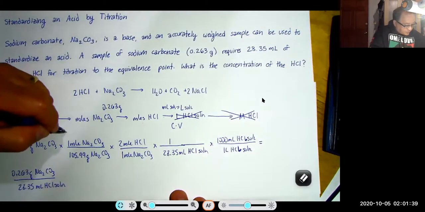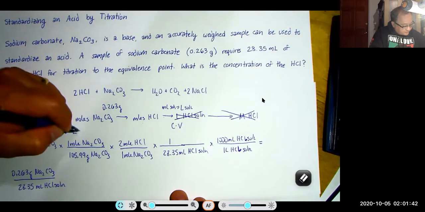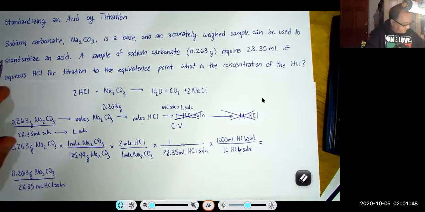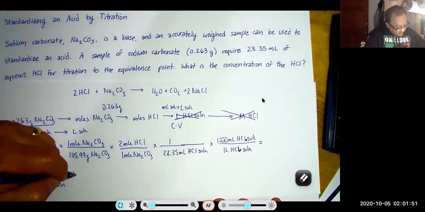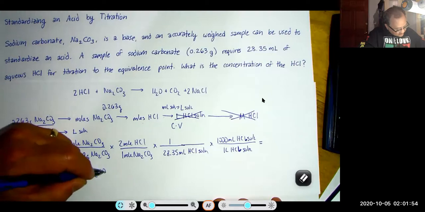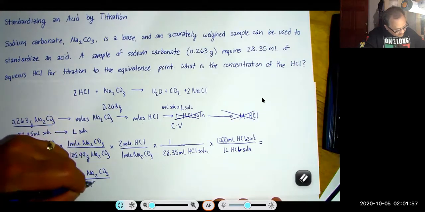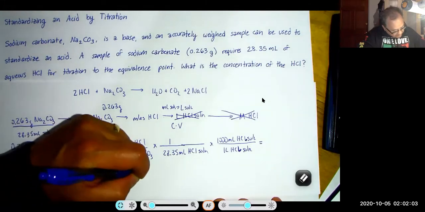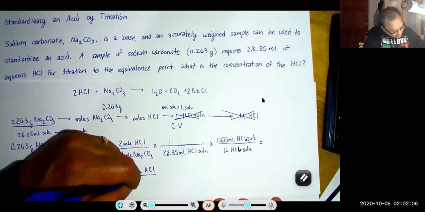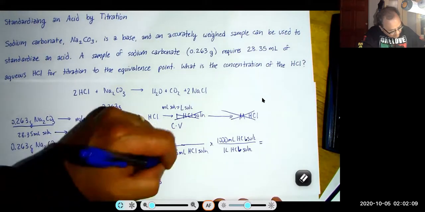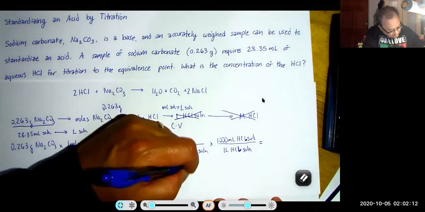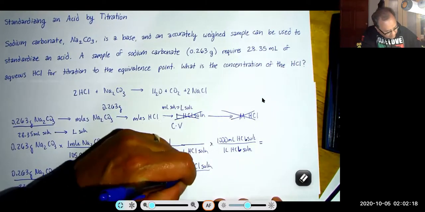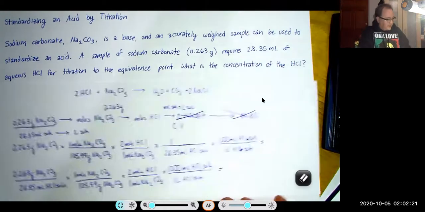And on the bottom, we're going to turn that into liters of solution. If the top is in moles of HCl and the bottom's in liters, you've got the molarity. So this is what it would look like that way. Either way, you'll get the same result.